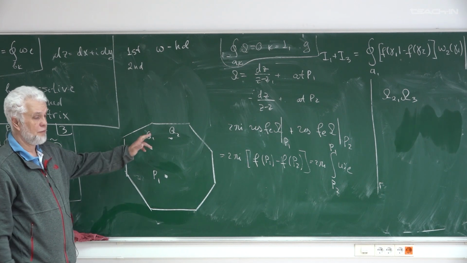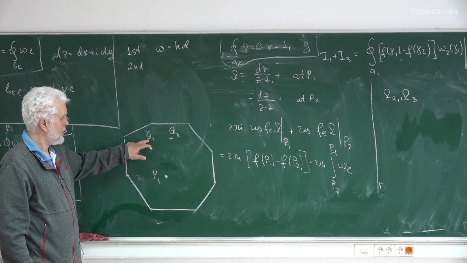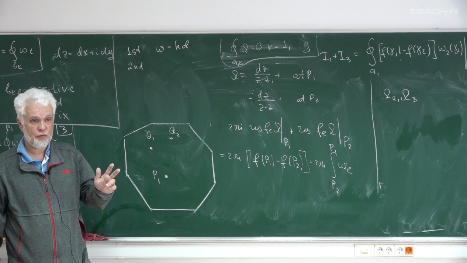Okay, that's another version of this bilinear relation. What happens? Assume that omega 2 is a differential of the second kind, omega 3 is a differential of the third kind.